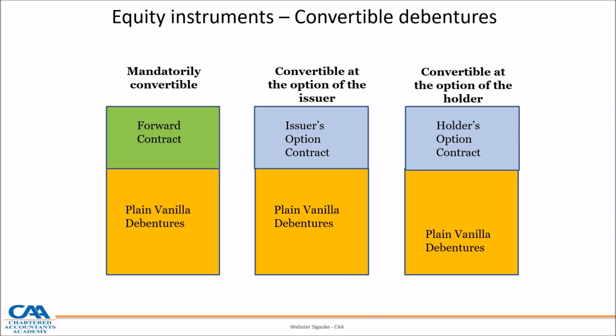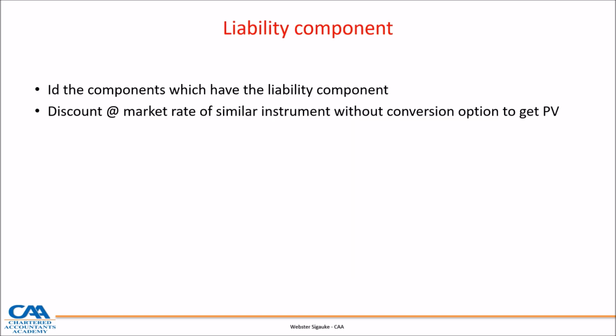Now, in determining whether it's a compound financial instrument, you need to first look at whether you have a contractual obligation to deliver cash. And if you do, compare with your proceeds and see if you have a residual interest that is equity, right?